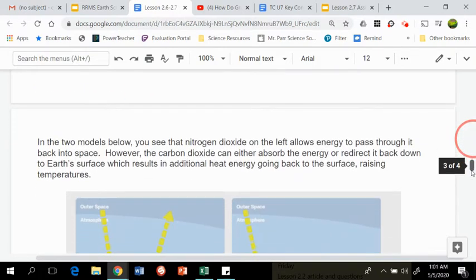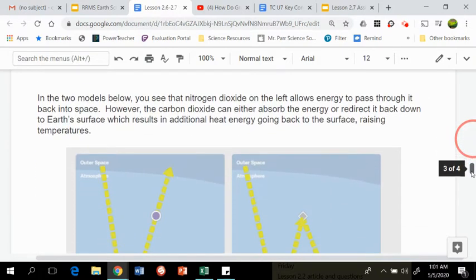Lesson continues below. And here we have some screenshots of what is an amplifier. In the two models below, you see that nitrogen dioxide on the left allows energy to pass through it back into space. Our atmosphere is composed of 78% nitrogen.